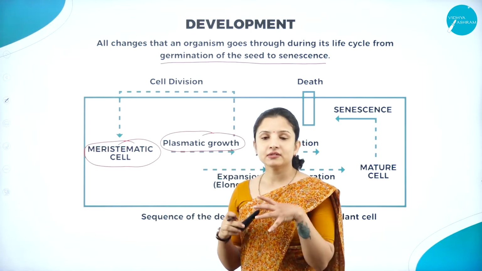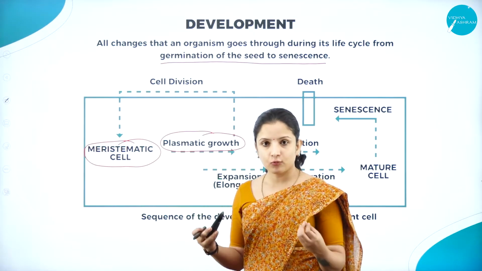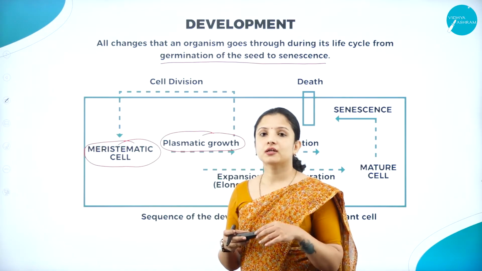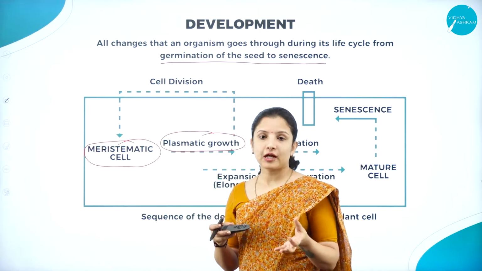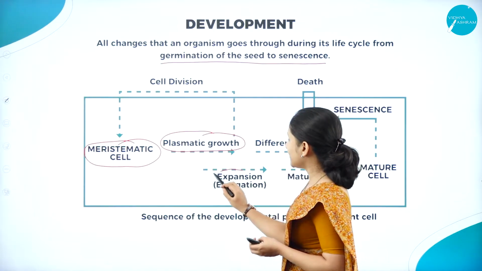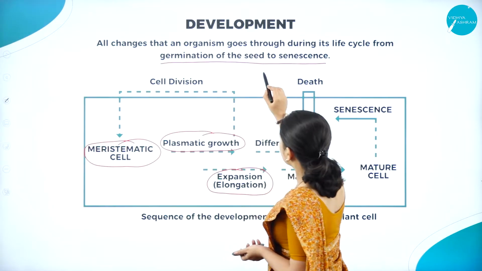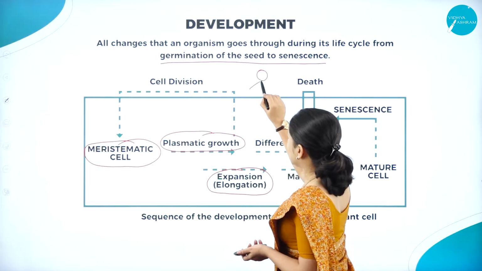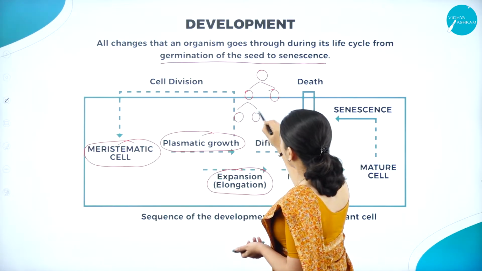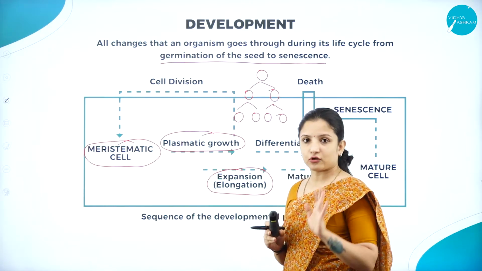Plasmatic growth is nothing but cell wall deposition, cell wall elongation and the formation of the protoplasm; that usually happens in the expansion phase or the elongation phase. The meristematic cells will divide, and these meristematic cells will again divide. This process is continuous, and takes place until the death of the plant.